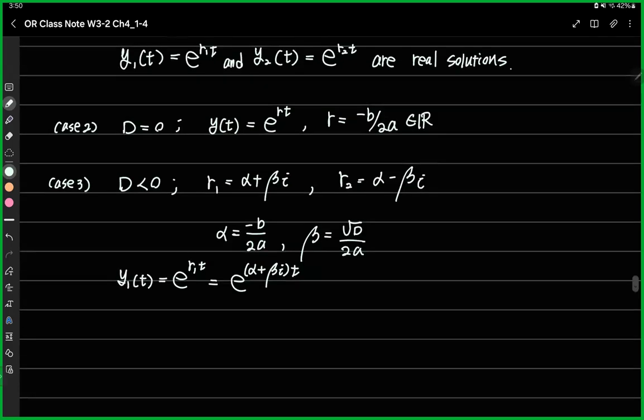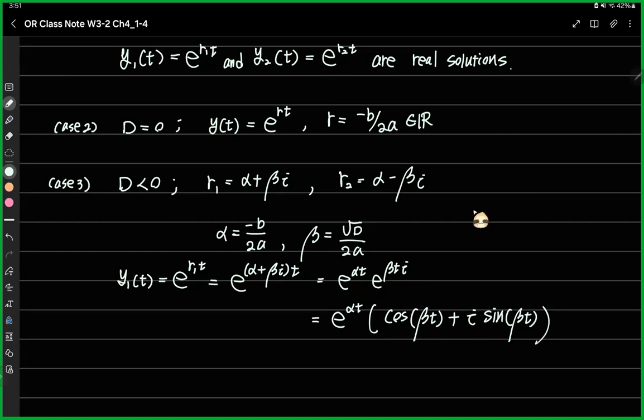Let me just simplify this. We got e to the alpha t times e to the beta t i, isn't it? By Euler's formula, this is e to the alpha t times, and e to the beta t i is what? Cosine beta t plus i sine beta t, isn't it?